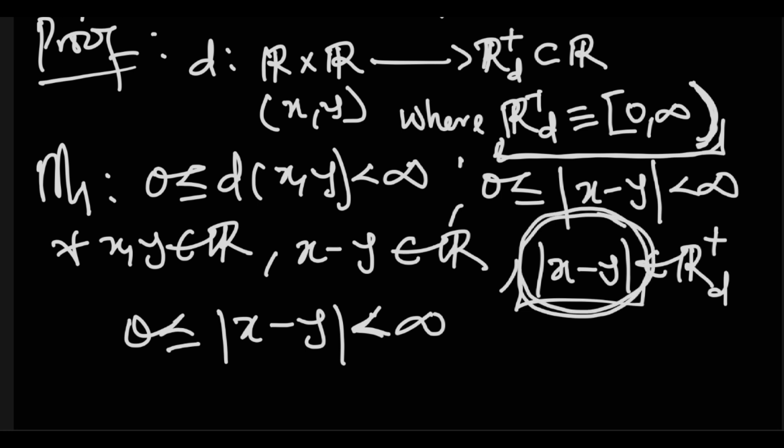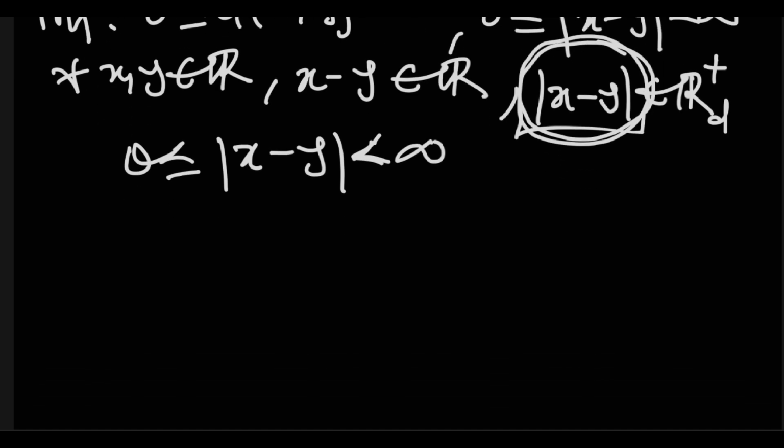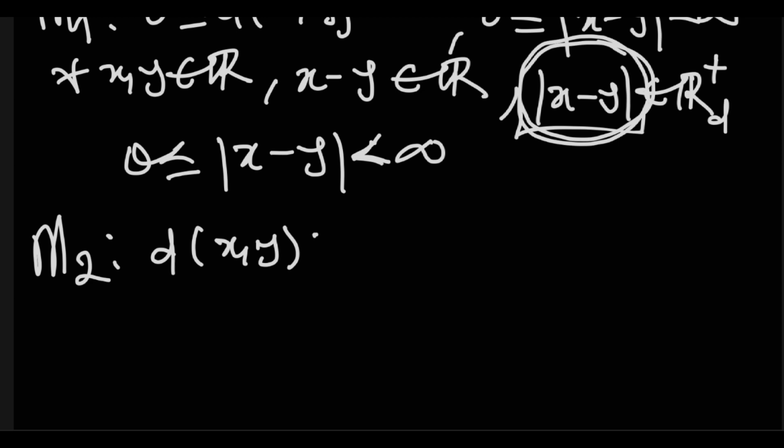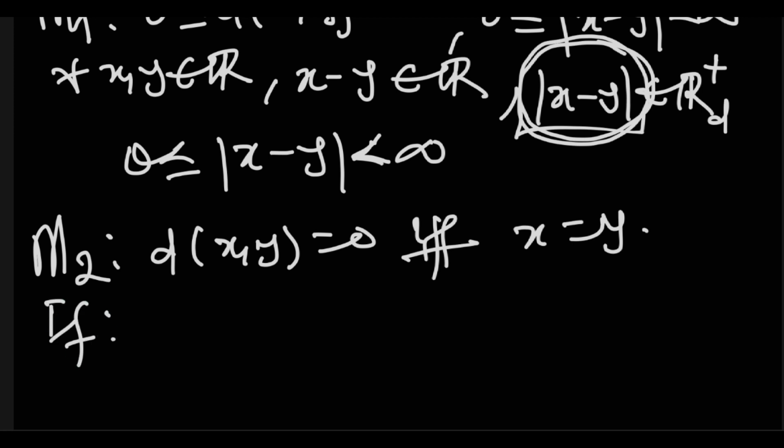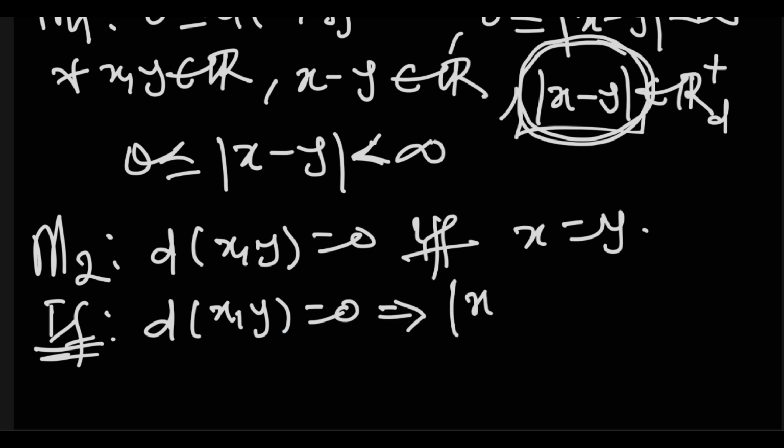Now the second one is to show when it is equal to 0. Definitely we know that it is non-negative, but when is it equal to 0? That takes us to axiom 2, which says d(x,y) equals 0 if and only if x equals y. For the if part: if d(x,y) equals 0, what does this mean? |x − y| equals 0.